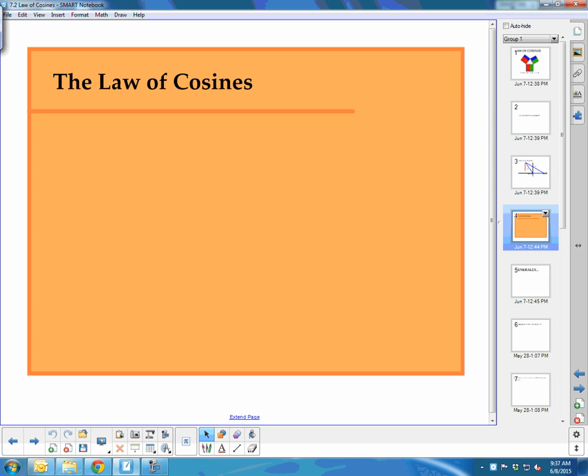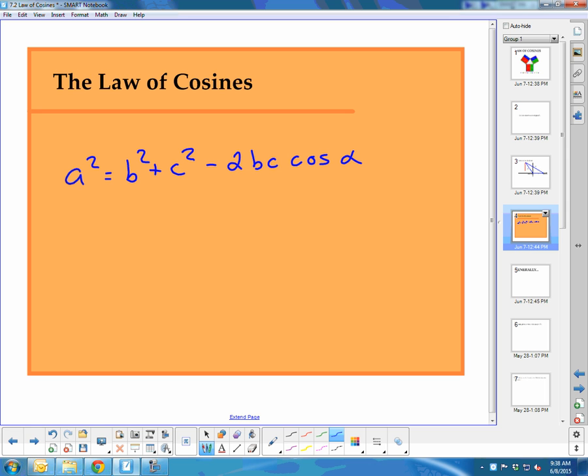So the law of cosines: all this notation is going to be using a conventionally labeled triangle where the side lengths a, b, c have angle measurements of alpha, beta, and gamma across from those sides. Depending on which side and angle you have and are looking for, it would be a squared equals b squared plus c squared minus 2bc cosine alpha.